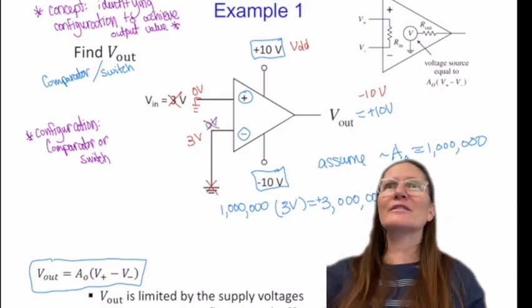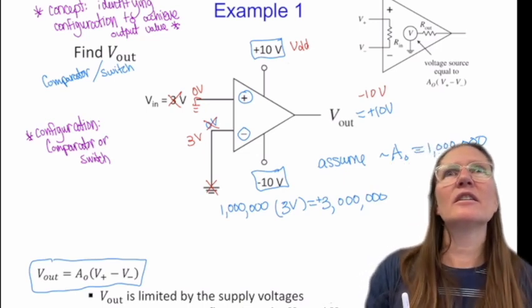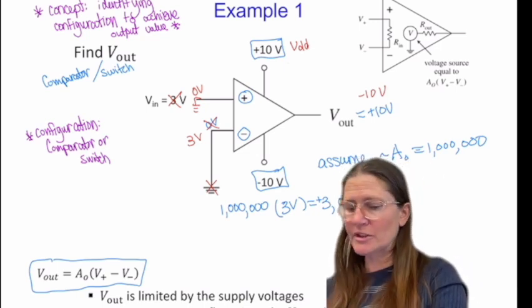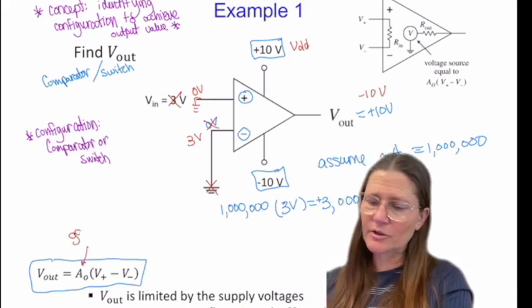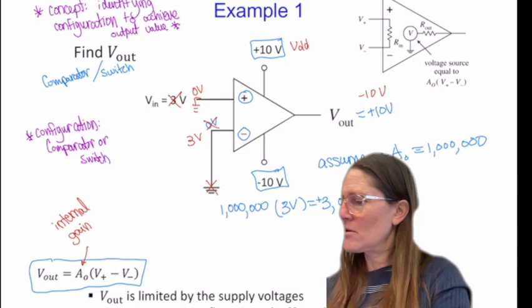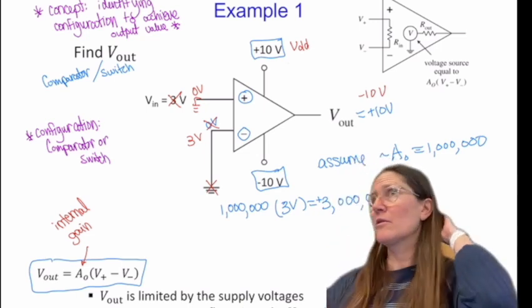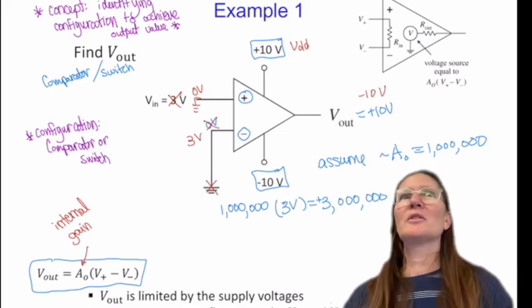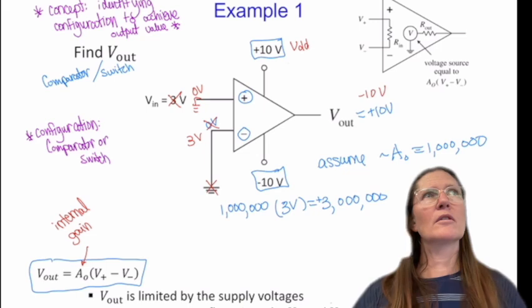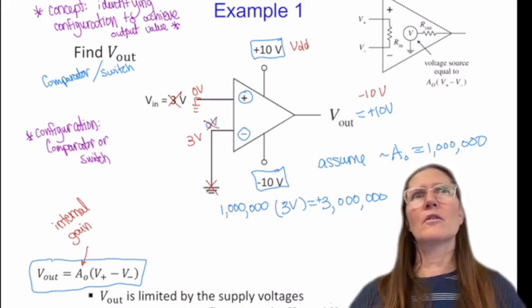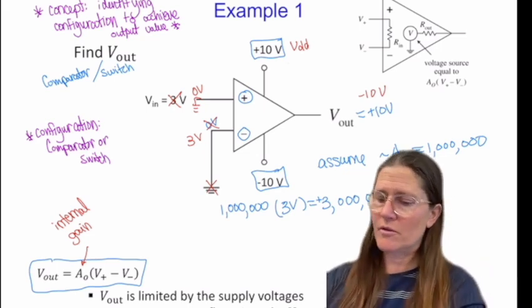Okay. Yes, questions? What is A? A is gain. So that A naught is a representation, it's called the internal gain. All right, other questions? So this might be kind of ahead, but if you're trying to find the internal gain, is it usually provided or do you have to solve for that?